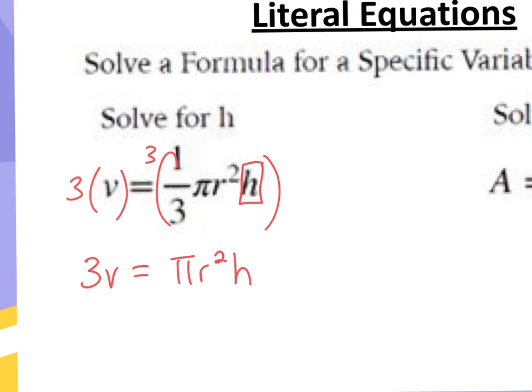Next step. This is currently just pi times r squared times h on the right, right? So what I can do here is just divide by pi r squared on both sides, since we're multiplying. On the right side, they cancel.